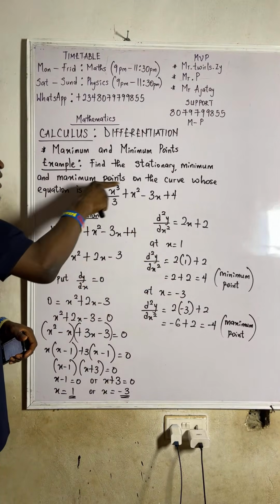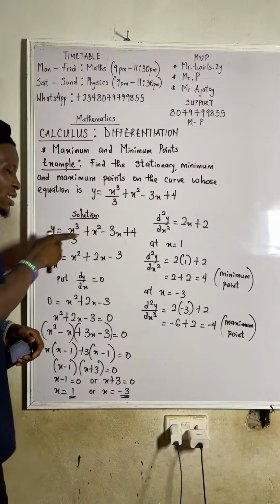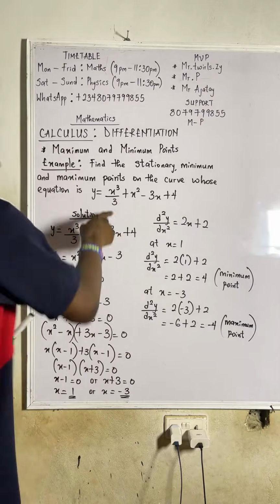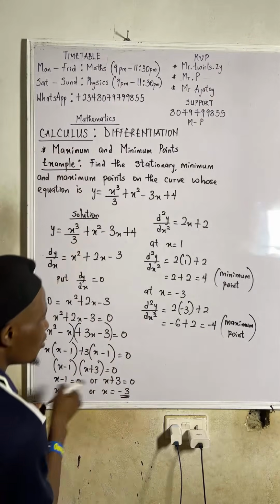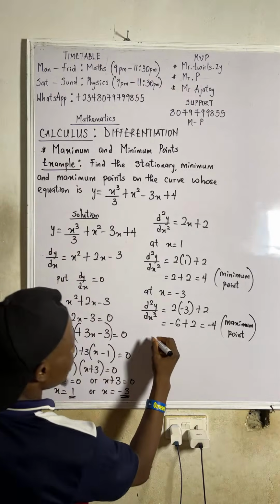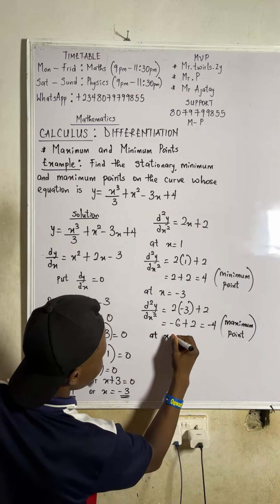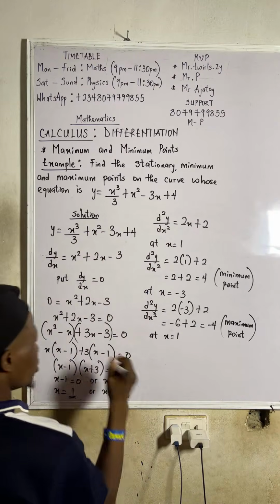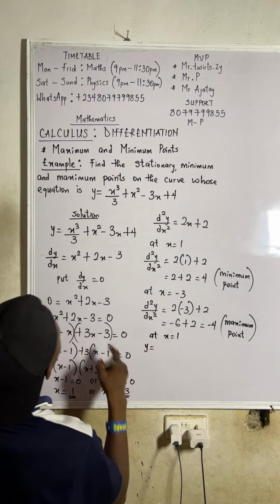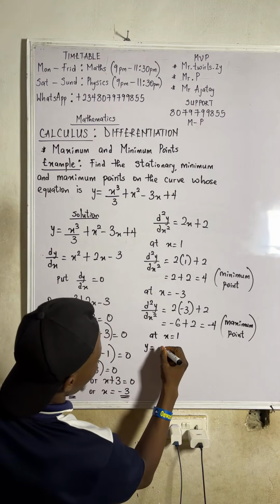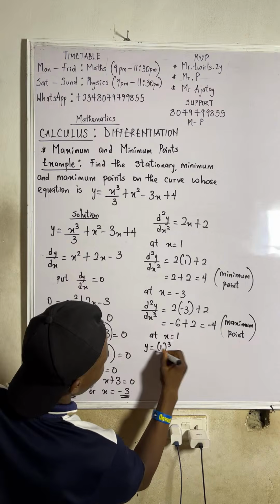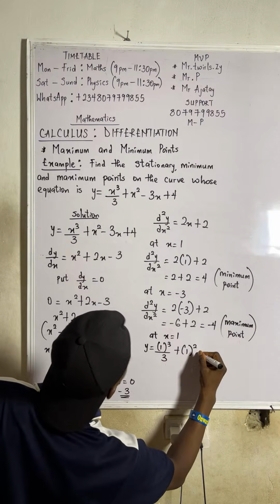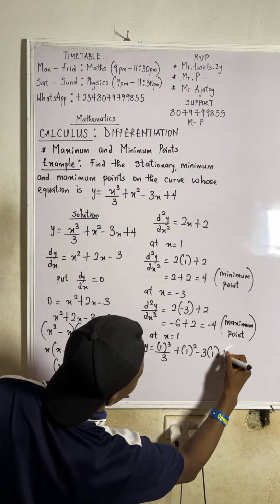This is the curve equation. So if it is maximum and minimum value, you come back here and put it in. At x equals 1, y equals 1 cube over 3 plus 1 square minus 3 times 1 plus 4.